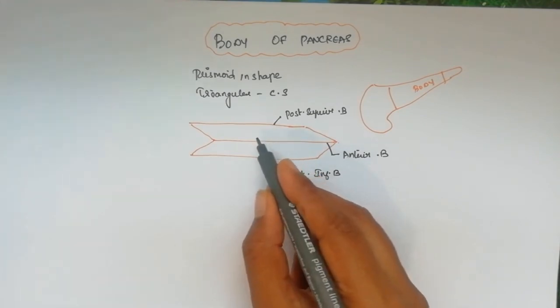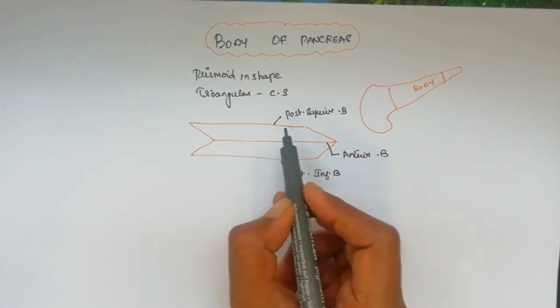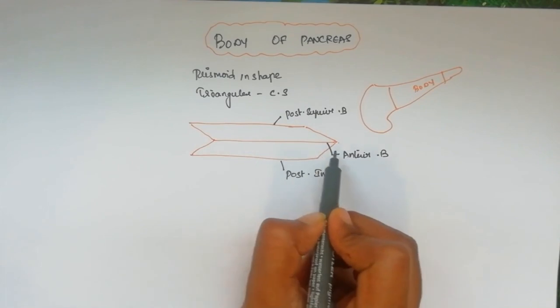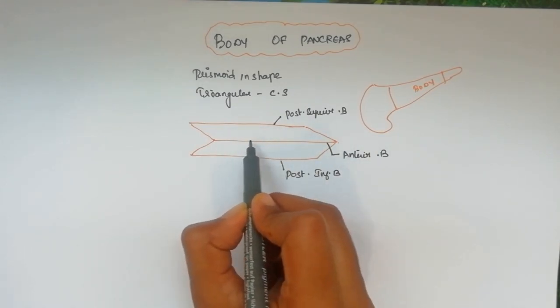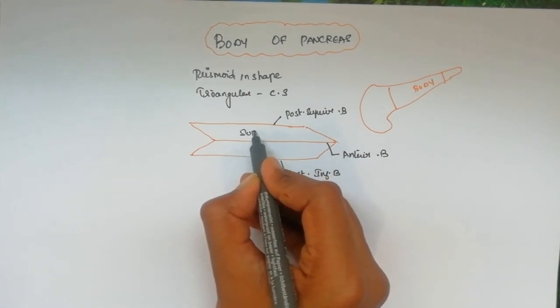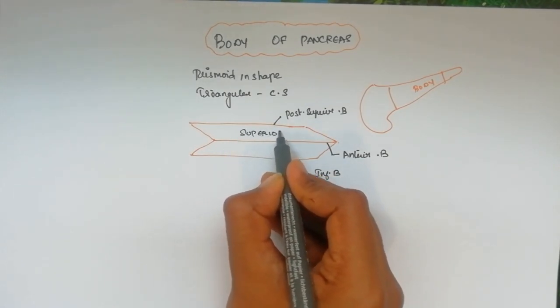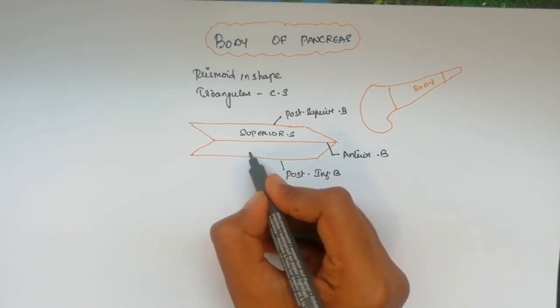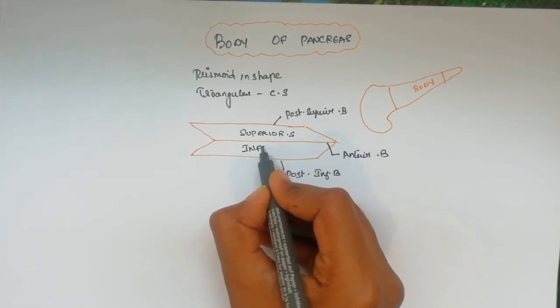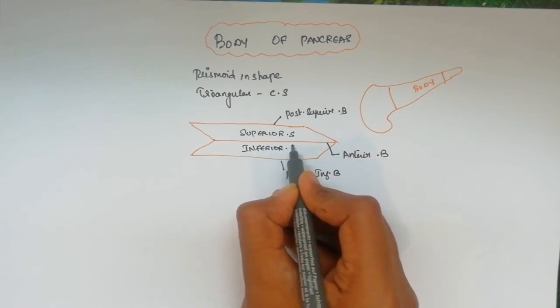These 3 borders are giving 3 surfaces. Between the posterior superior border and the anterior border we have got a surface, and this surface is called the superior surface. Between the anterior border and the posterior inferior border we have got a surface called the inferior surface.